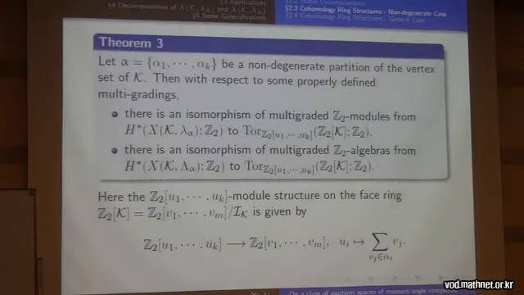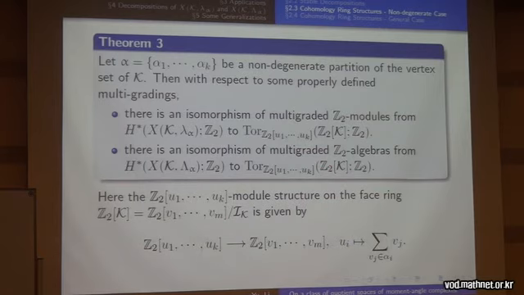Okay. So for a non-degenerate partition of the vertex set of K, with respect to some properly defined multigradings, we have an isomorphism of multigraded Z2 algebras from this space to the Tor algebra. Here the Z2[u1,...,uk] module structure, and this is a face ring over Z2, is given in this way.